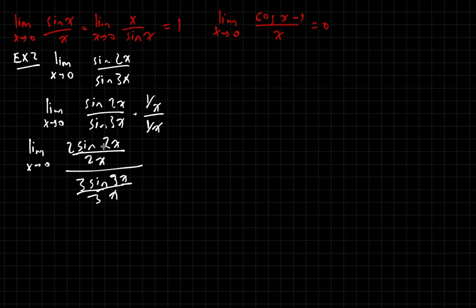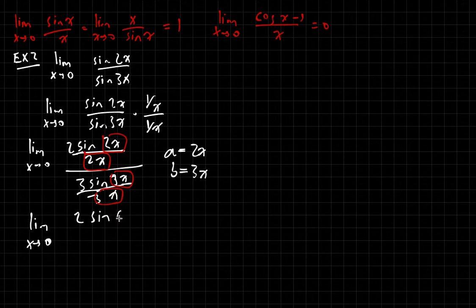And what I get is that this and this are the same, and this and this are the same. To make it more clear, I can say a equals 2x and b equals 3x. So I can rewrite this as the limit as x approaches 0 of sine of a over a, over 3 times sine of b over b.